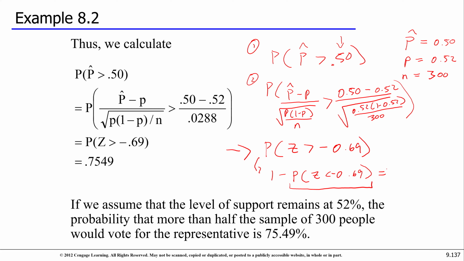If I look this up on my z table, I should get 1 minus 0.2451. If I subtract it through, I'm going to get 0.7549. And the correct answer in this case would be the one below.